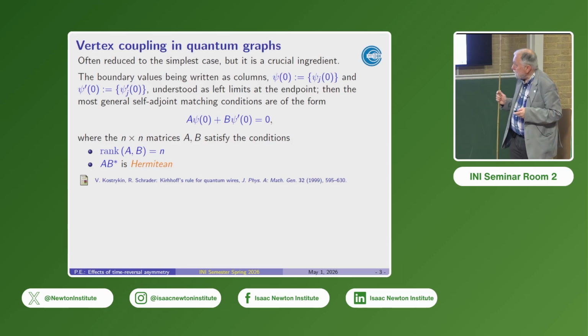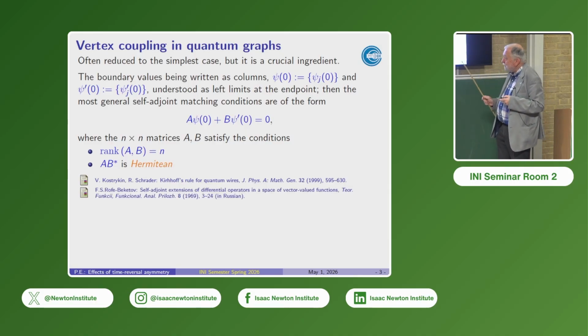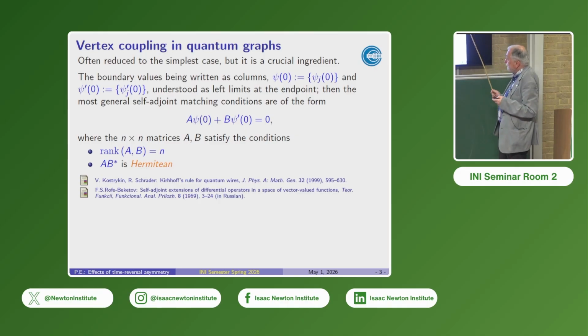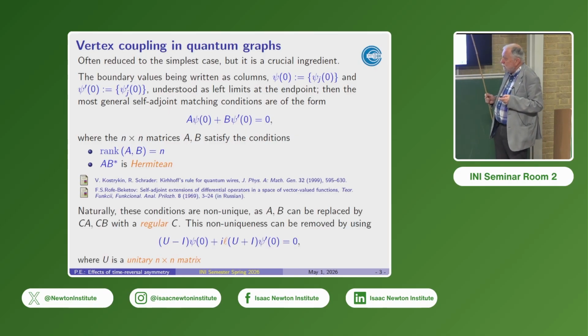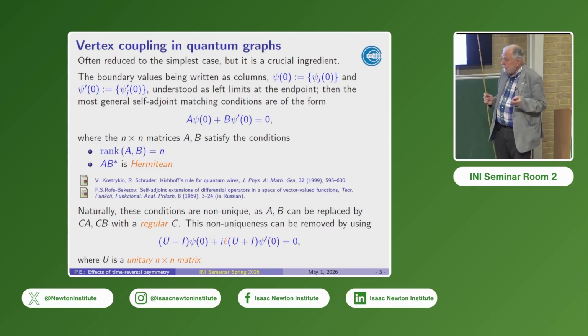This is usually ascribed to Kostrykin and Schrader, but as Barry Simon likes to say, in the Soviet Union they knew everything one generation earlier. You can look at the paper by Rofe-Beketov from 30 years before, where you have exactly the same condition, even with the same notation. The drawback of the condition is that it is not unique. If you multiply it from the left by a regular matrix, you get another pair.